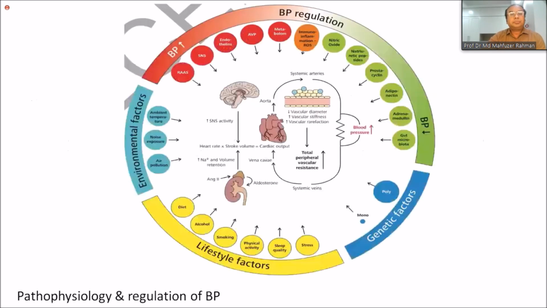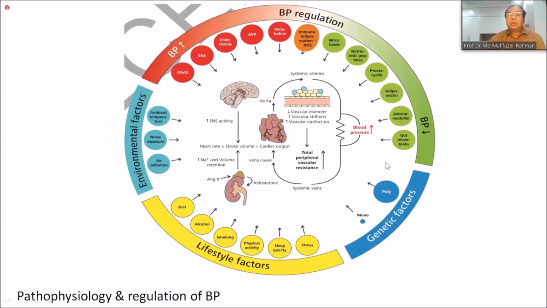So we should know regarding the pathophysiology and regulation of blood pressure, and you see certain environmental factors: air pollution, noise exposure, ambient temperature. An important thing is lifestyle factors like diet, alcohol, smoking, physical activity, sleep quality, stress, and genetic factors, monogenic and polygenic factors.